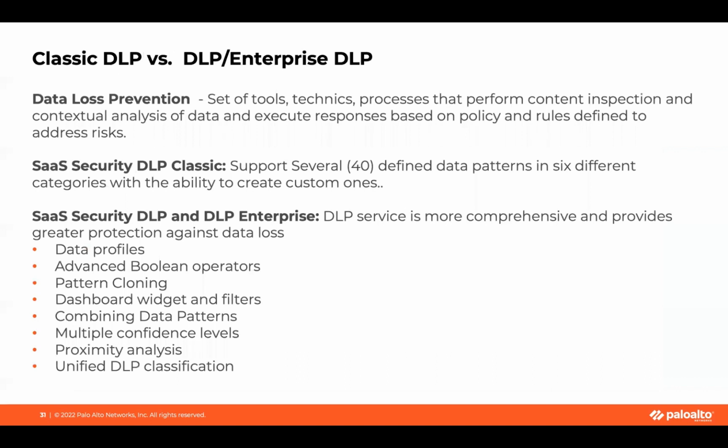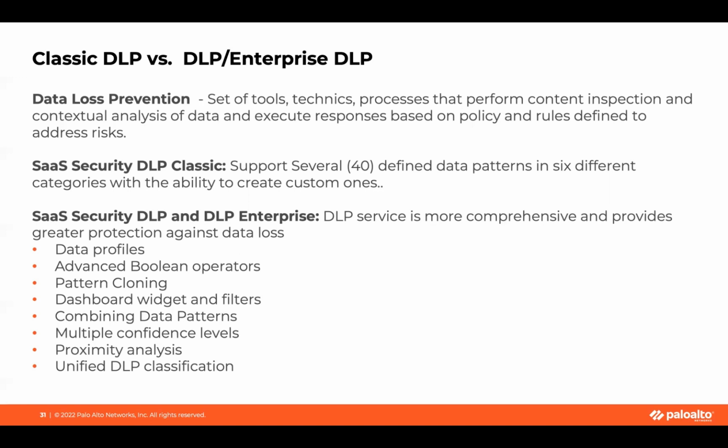SaaS Security DLP Classic supports about 40 plus predefined data patterns in 6 different categories. It doesn't have support for data profiles. SaaS Security DLP and DLP Enterprise support more data patterns and support data profiles. They provide a large selection of data patterns to protect organizations' data. In addition, they support advanced Boolean operators, pattern cloning, dashboard widget, and filters.